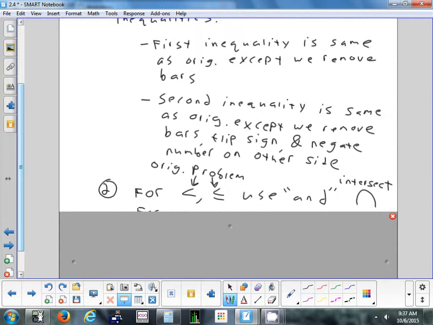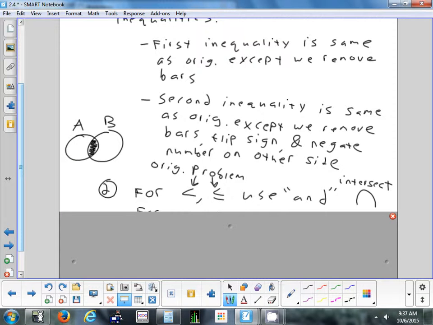Some books use the symbol intersect. The reason they use the term intersect, think of a Venn diagram. If I said, I want you to shade in what's in A and B, well, that's where they intersect. It's right here. That's A and B. It's where they overlap.